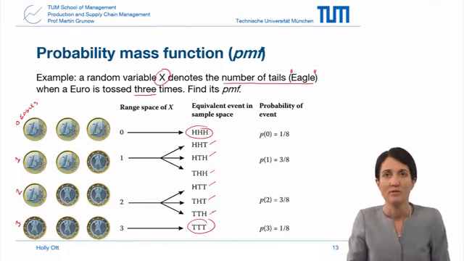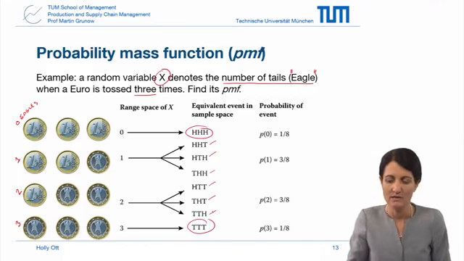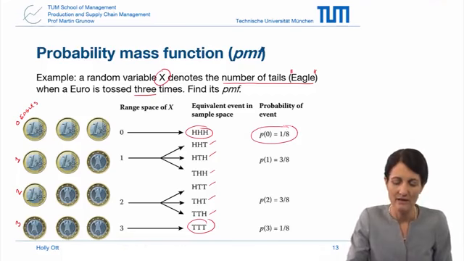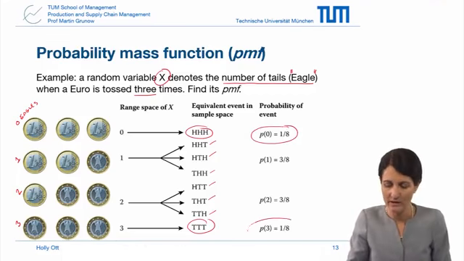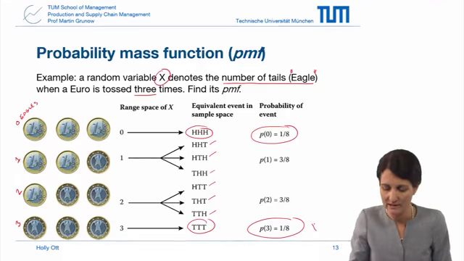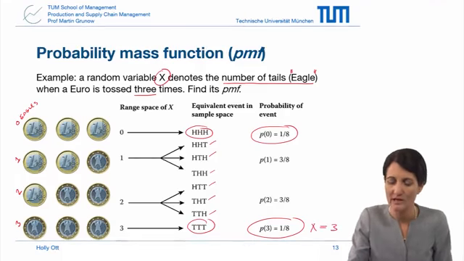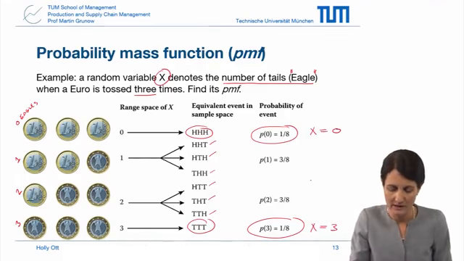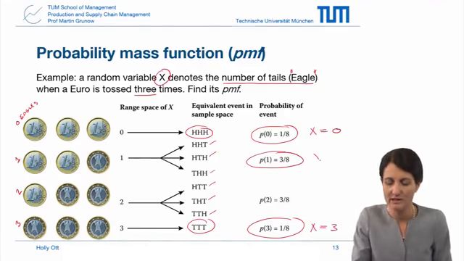So the probability of the 8 events is going to be 1 out of 8 that we get all heads, 1 out of 8 that we get all tails. So 1 out of 8 that X equals 3, 1 out of 8 that X equals 0. And likewise, you have 3 chances to get X equal to 1 and 3 chances to get X equal to 2.